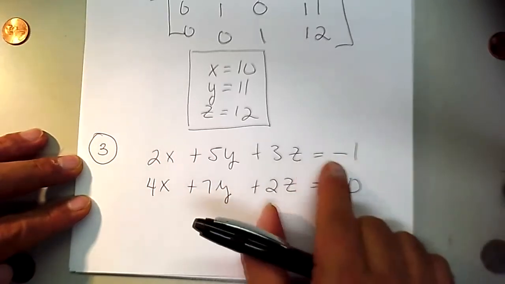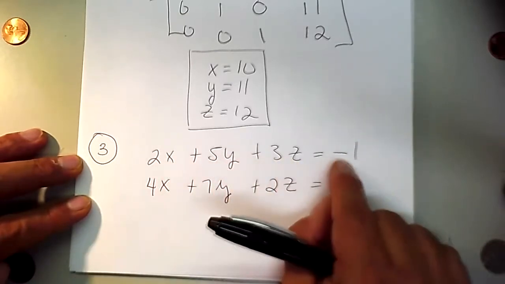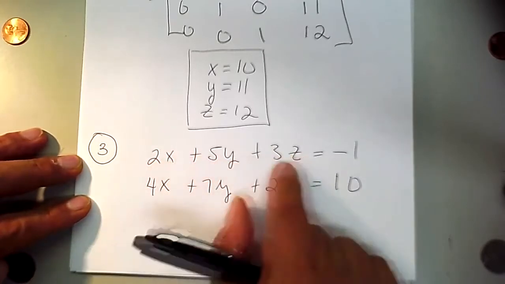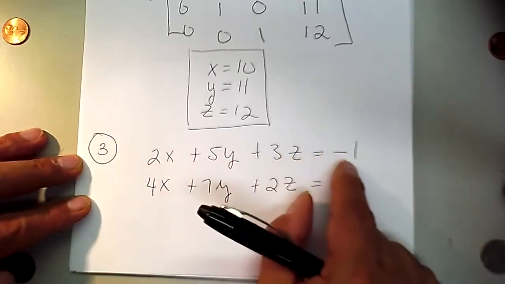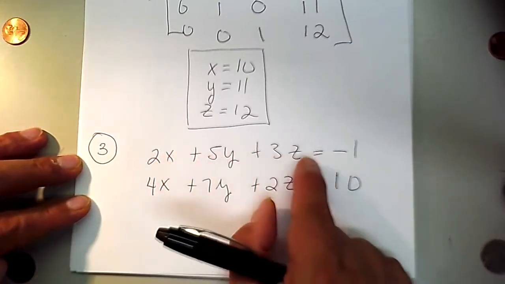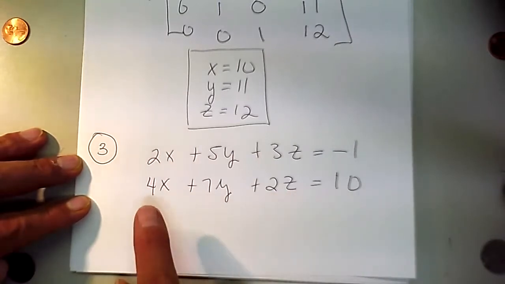I can tell from this equation that at least one of the x, y, or z has to be negative because we're just adding positive coefficients multiplying with the variables. So there's no way we can get -1 unless at least one of those three variables is a negative number. Here, just by looking at this, we don't know.